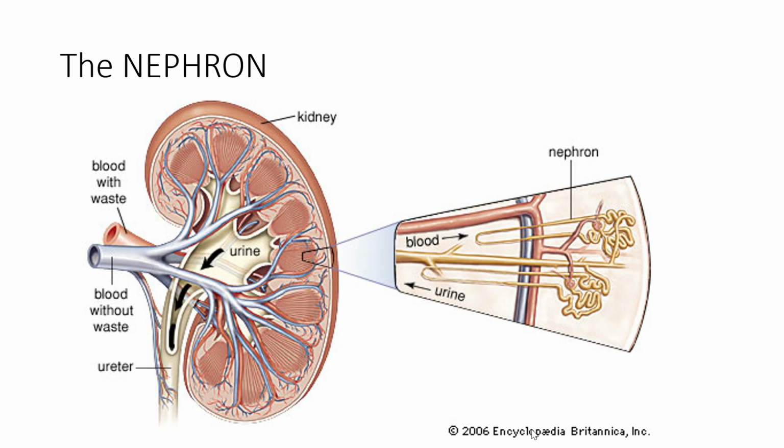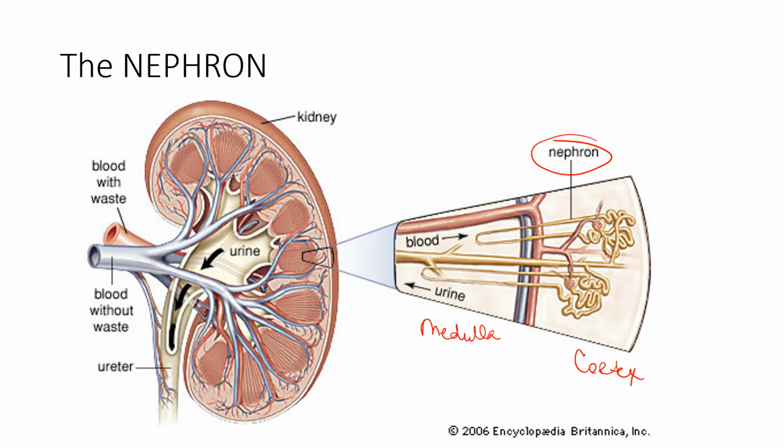The nephron is the main functional unit of the kidney, and you can see it in yellow here, how it starts in the cortex, which is this area out here, and then dips into the medulla. And this is where the blood and the urine get filtered.